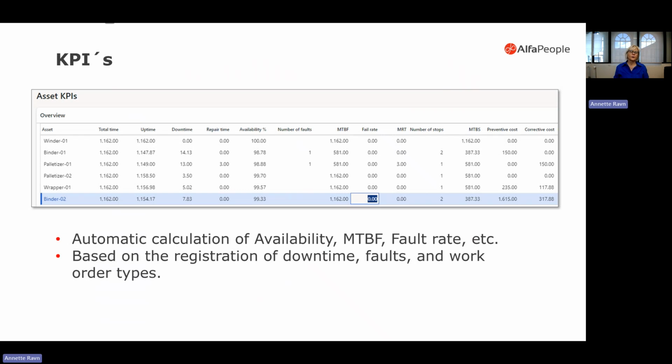But it all requires that you register downtime, you register when it's up and running again, you register your faults, you register your work order types. So it requires the registrations in order for the system to calculate this. And in some cases, the customer has different systems to calculate these specific figures. So just to mention that this is also a possibility that's offered in the system.